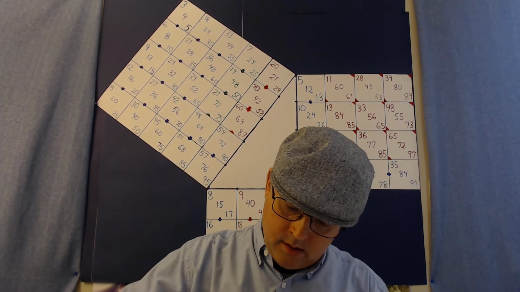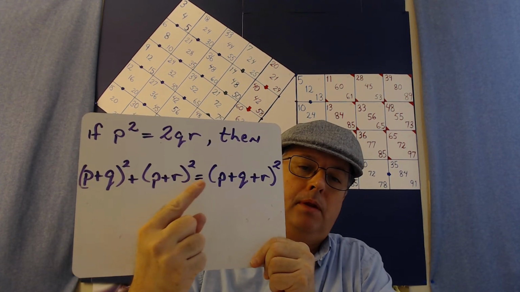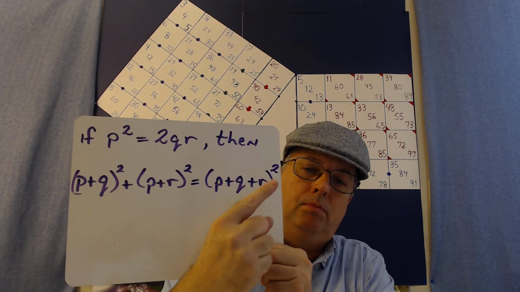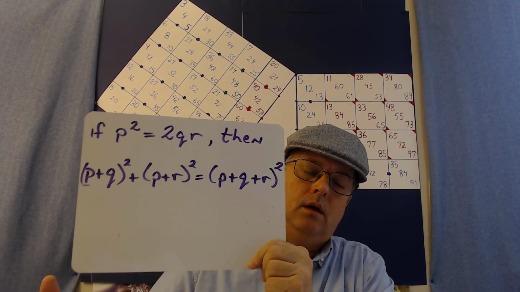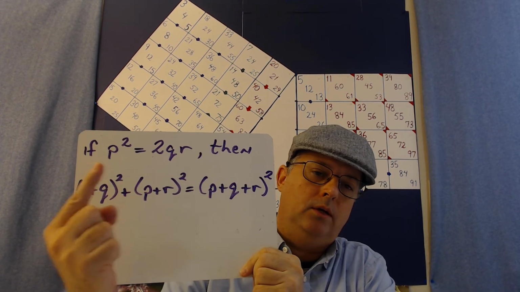So here's our condition that if p squared equals 2qr, then (p plus q) squared plus (p plus r) squared equals (p plus q plus r) squared. But maybe we could, again, simplify this where we don't need 3 values and we don't need the condition. We want to simplify it down to 2 values and no conditions.